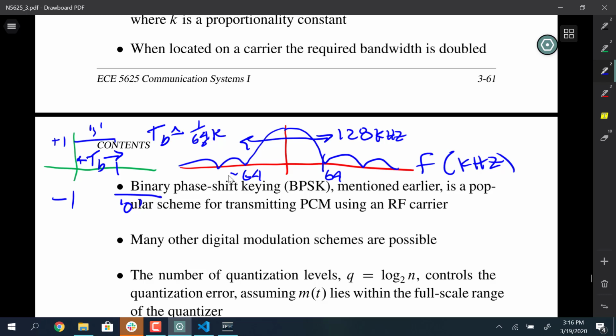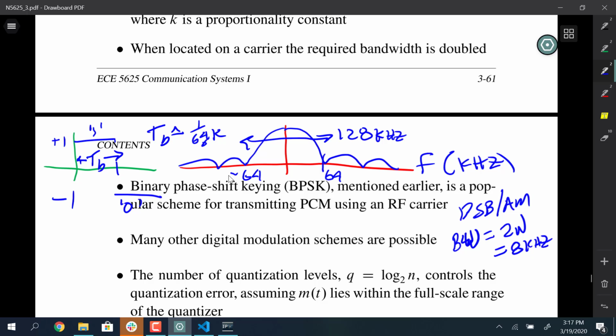You might be thinking, and I'd encourage you to think this way, that if I was sending it by an analog modulation means like amplitude modulation or double sideband, I would just take 2 times W. So the bandwidth in that case would be just 2 times W, which would be only 8 kilohertz.